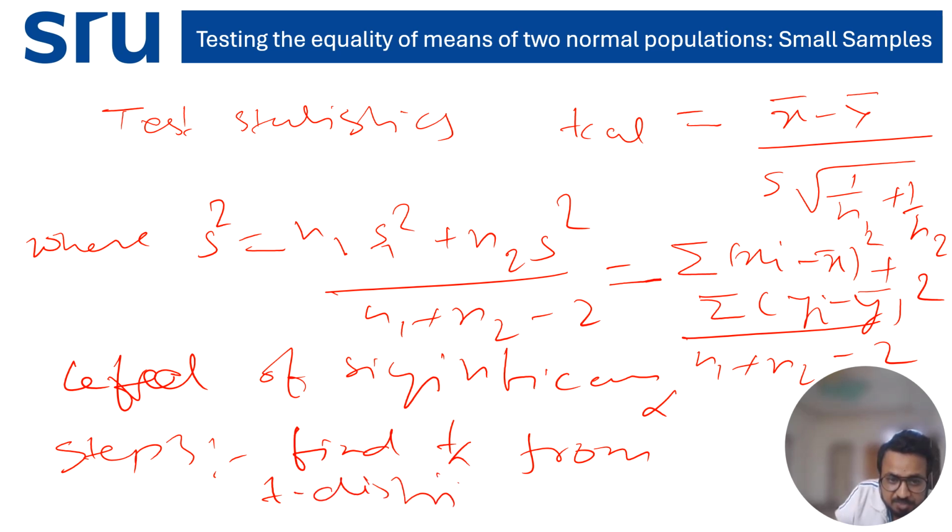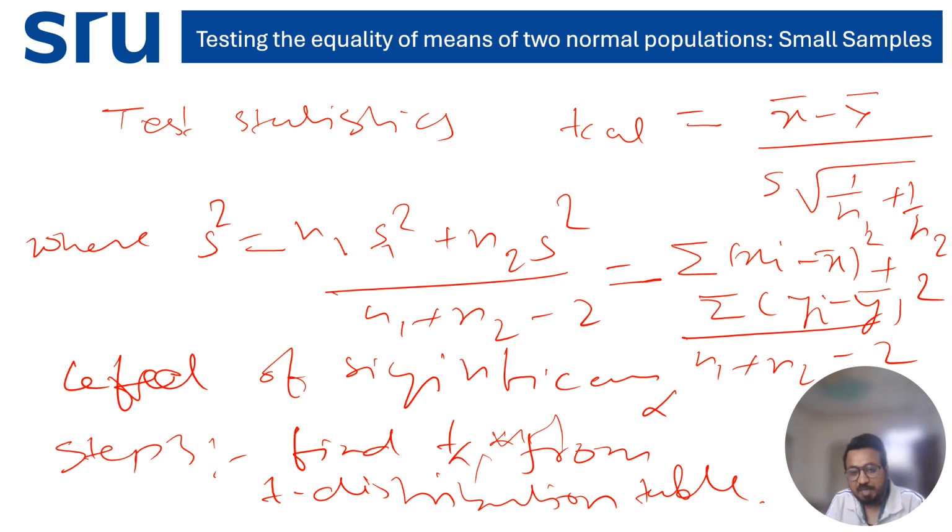Keep in mind: if it is a two tail test, we will find the value of t alpha by 2 comma n minus 1 from the t distribution table, and if it is a one tail test, we will find t alpha comma n minus 1. So this is the difference.